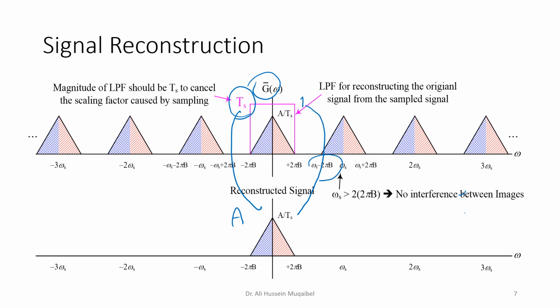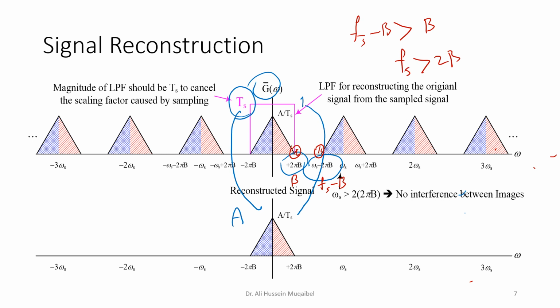So if you look at the value here, in terms of frequency, this is equal to B. Let me use this different color. This is B, and this is Fs minus B. So we should say that Fs minus B should be greater than B, so that these two do not overlap. This point is Fs minus B. It should be greater than this point, which is B. I'm using F. In that case, Fs would be greater than 2B.